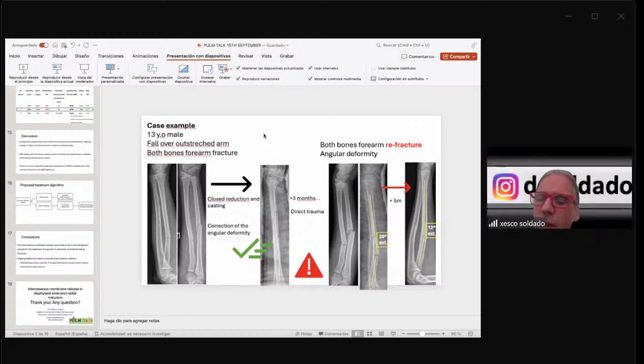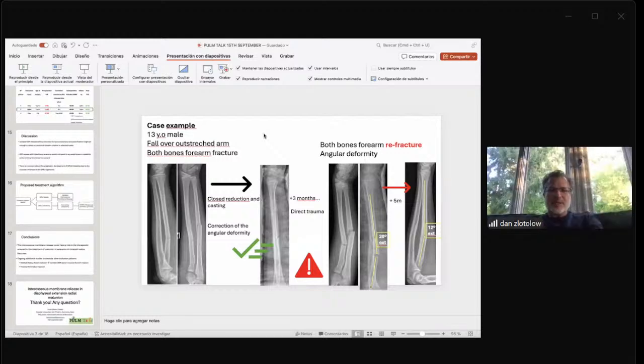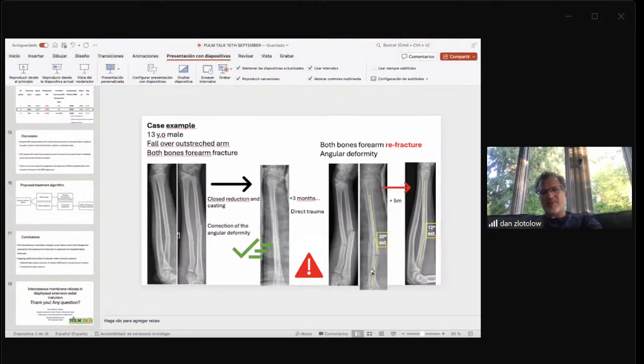Sorry, I didn't understand. Can you repeat? Dan, you want to give it a go? Yeah, sure. If you look at that X-ray that Scott pointed out, you can see how the radius goes up over the ulna and then back around. So it crosses over. And this happens really on proximal third radius fractures.